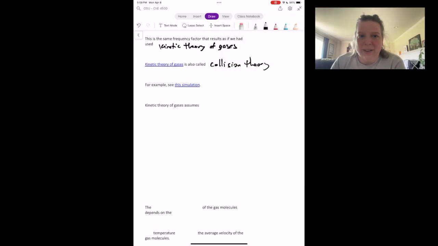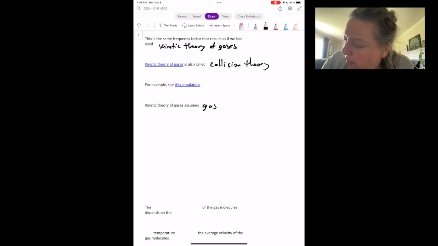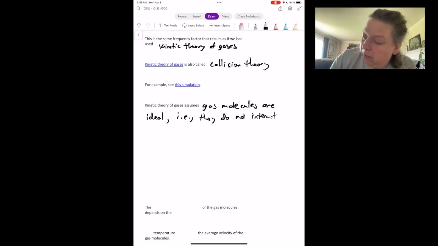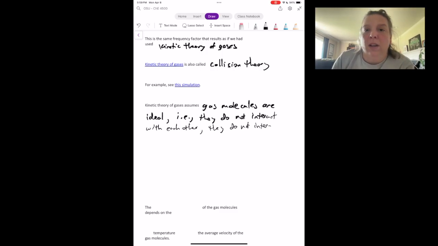So kinetic theory of gases assumes that gas molecules are ideal. When I say that, what I mean is that they do not interact with each other. They also do not interact with the walls of the container.